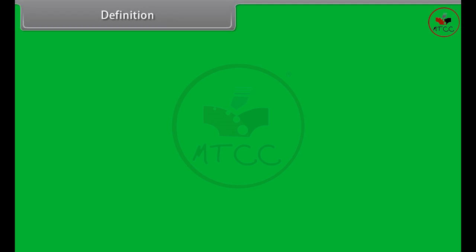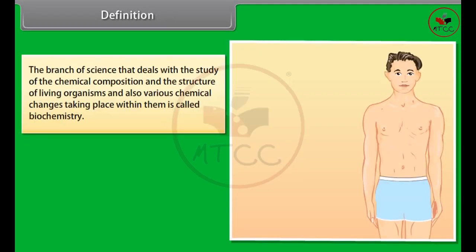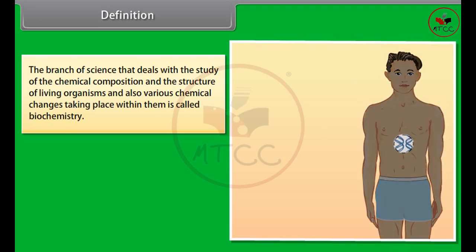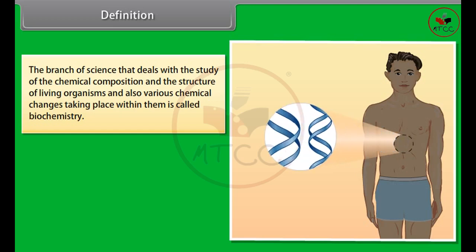Definition. The branch of science that deals with the study of the chemical composition and the structure of living organisms, and also various chemical changes taking place within them, is called biochemistry.